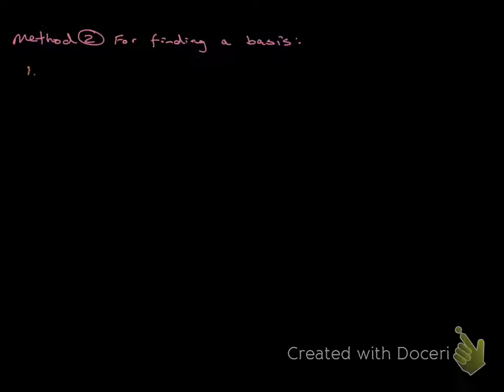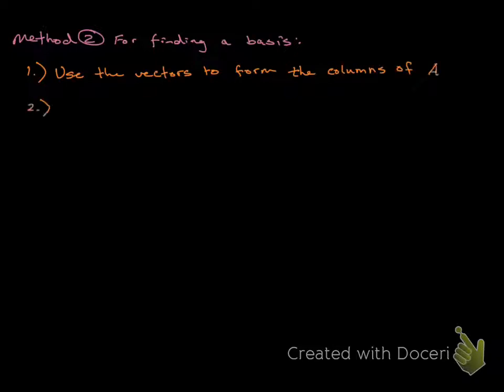Basically what we do is we use the vectors to form the columns of a matrix A. Transform A into an equivalent matrix, say B, and we use echelon or row reduced echelon form to do that.